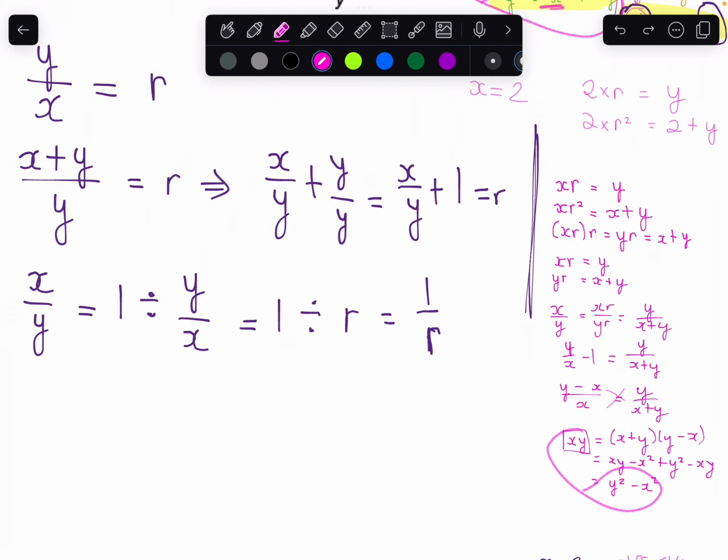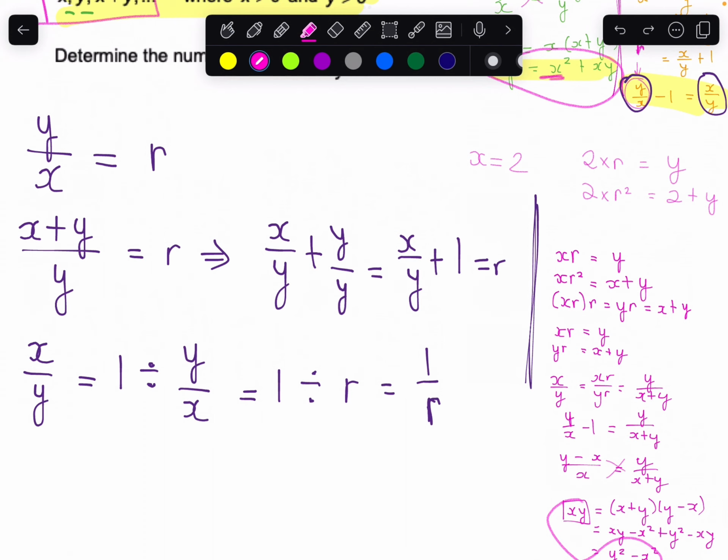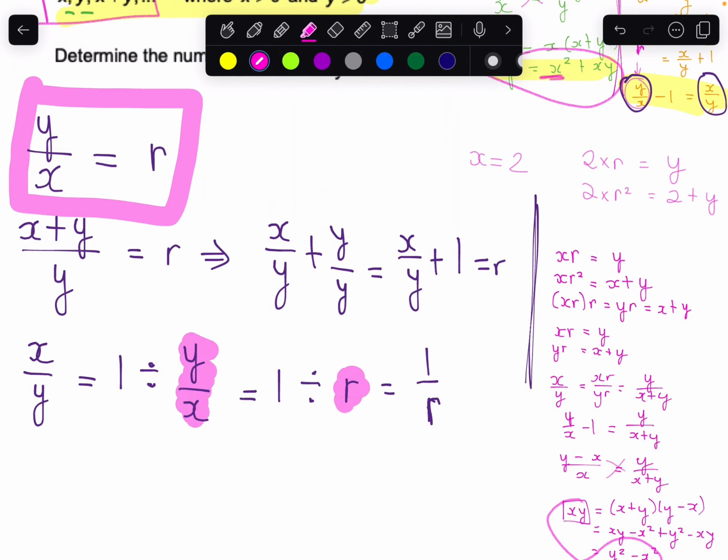Okay, so let me just highlight where what is coming from. I'm going to highlight this in pink and say, well, y over x is the same as r. So that's where that is coming from.